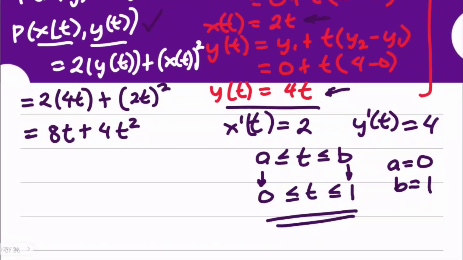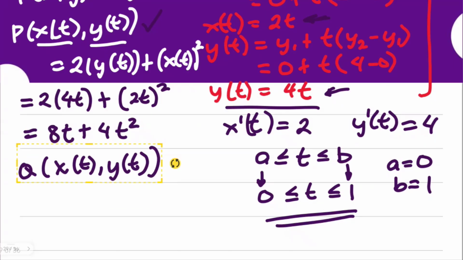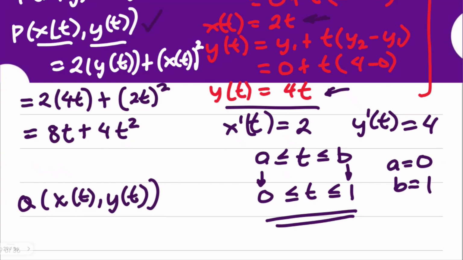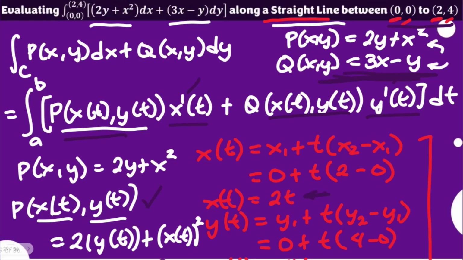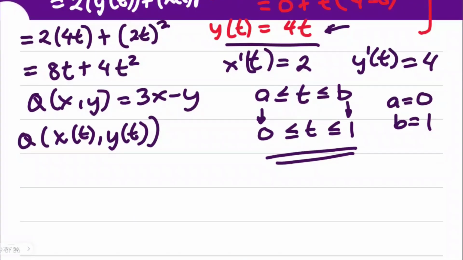Take note of that. For our q of x of t and y of t, let me move this down again. We know that our q of x and y identified or given is 3x minus y. So 3x minus y. Now substitute x of t for x and y of t for y.